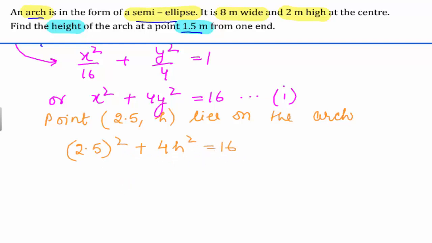So this implies 4h square is equal to 16 minus 2.5, which can be written as 5 divided by 2 whole square.